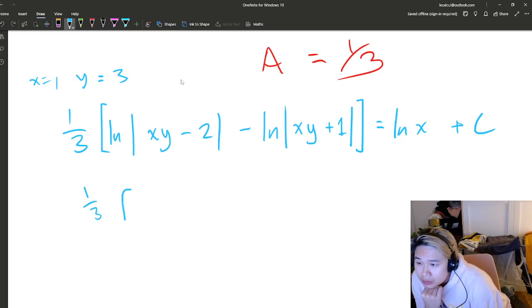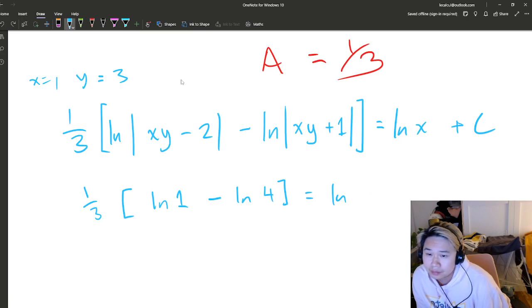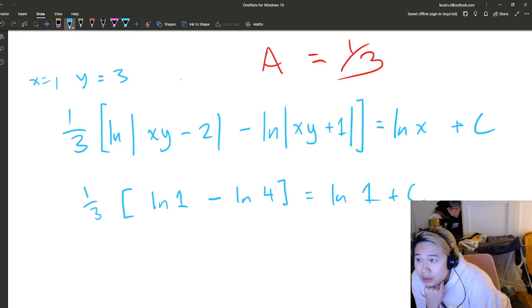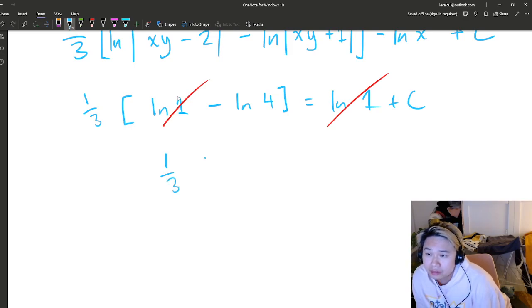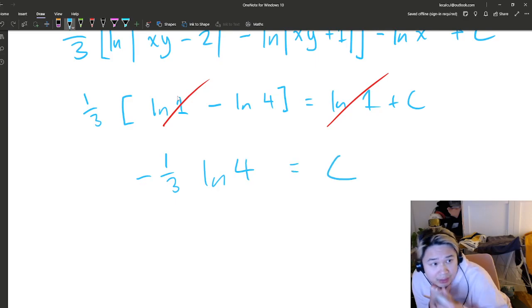Okay, so 1 times 3 is 3, so this is natural log of 1 minus natural log of 4, natural log of 1 plus c. Natural log of 1 is zero, so we have 1/3 negative natural log 4 is equal to c.